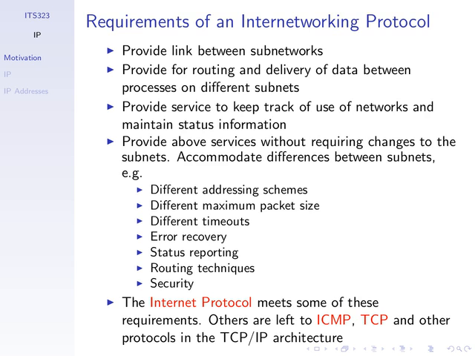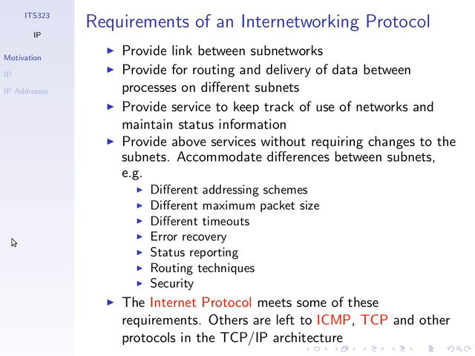And perhaps most importantly, an internetworking protocol needs to support the fact that the different subnets use different technologies and have different design decisions made. Some of the differences which we'll go through, for example, addressing schemes.